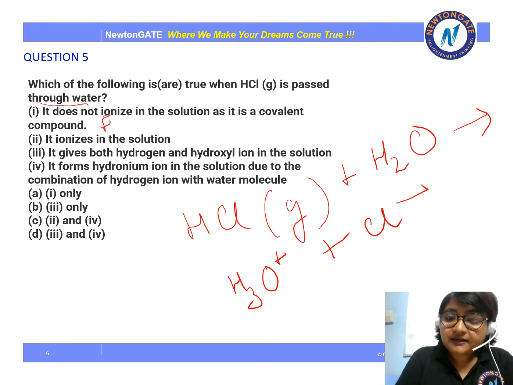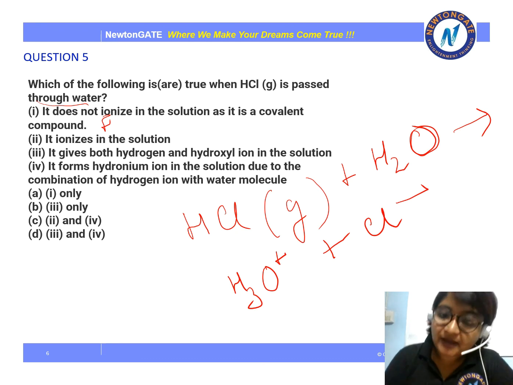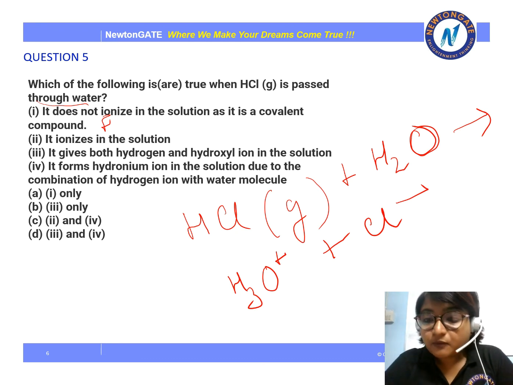You know, the H plus will exist as hydronium ion, not simply H plus. It will exist in the solution as hydronium ions because, as I told you before also, in water the oxygen has lone pairs of electrons, so it can donate one pair of electrons to H plus because H plus needs 2 electrons to achieve the nearest noble gas configuration of helium, right?